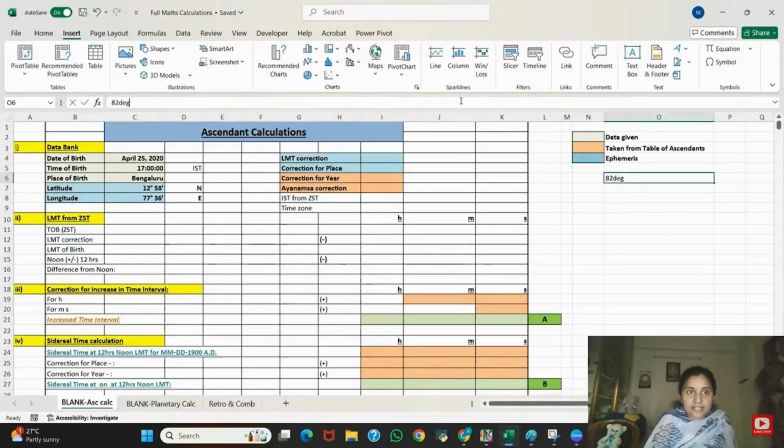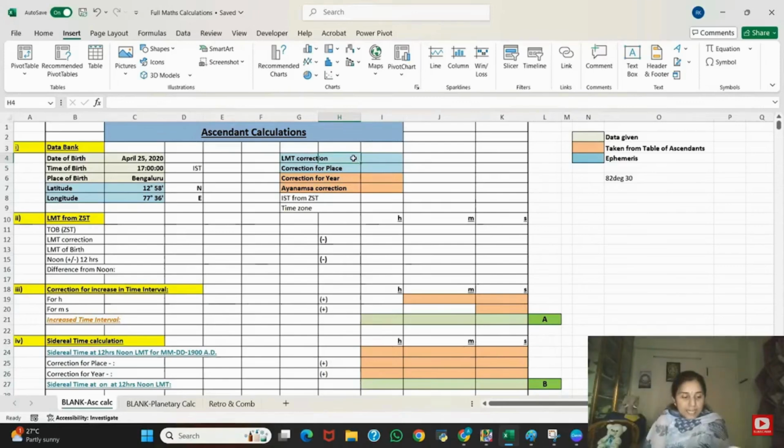This is the standard time of India. From there, Bengaluru is at 77 degrees 36 minutes, so it is to the east of it. Because of that, we need to know how much time we are lagging behind it. To know this we have the LMT correction, which is ready data available in the ephemeris. We don't have to calculate it manually, though there is a method of manual calculation also.